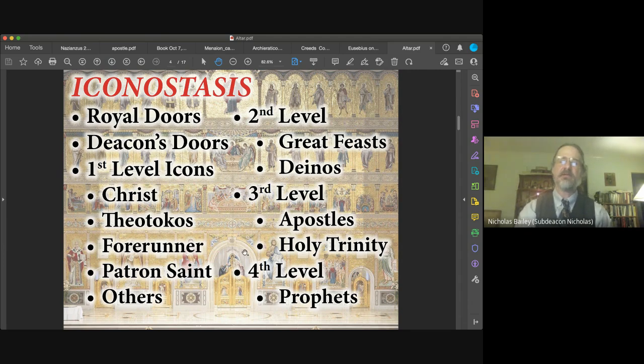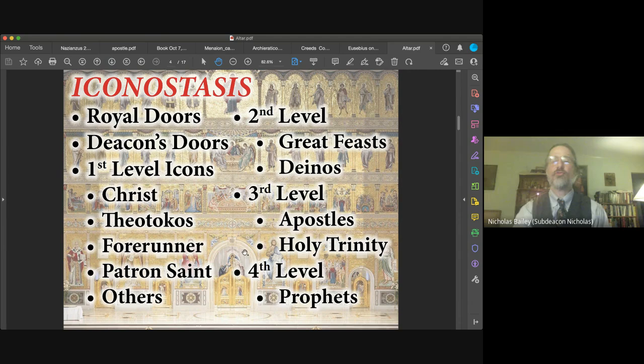Always above the royal doors, you'll have an icon of the mystical supper, the Theanos. And then on either side of it are the great feasts of the church, the 12 great feasts. I think there's one extra, so there may be some slight variation to make it 12.